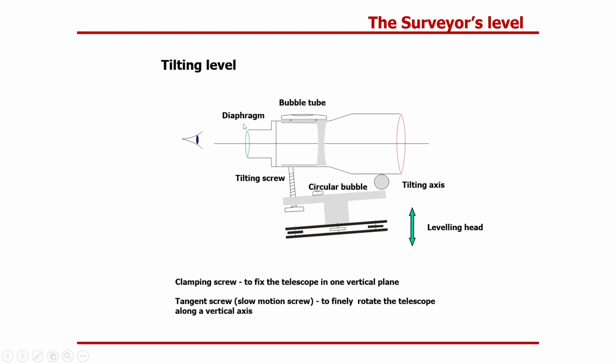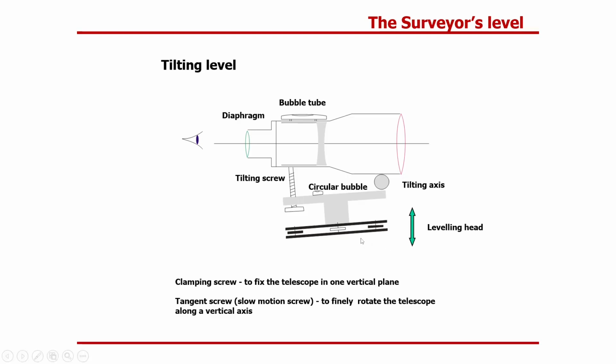We have the diaphragm and the tilting screw. It changes the direction of our telescope to stand the bubble in the bubble tube in the middle.